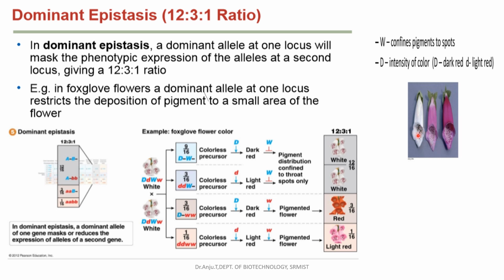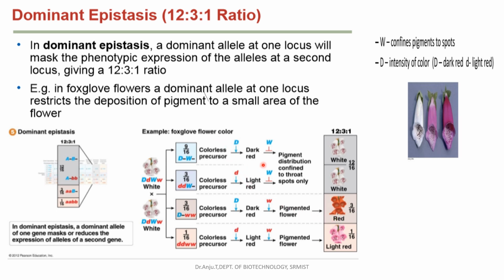So W confines the pigment to the throat of the flower, whereas the recessive small w allele doesn't confine it, so the entire flower will be colored.